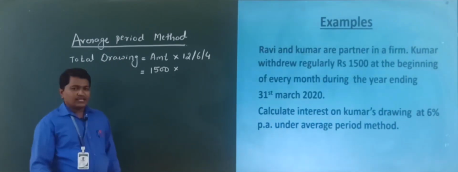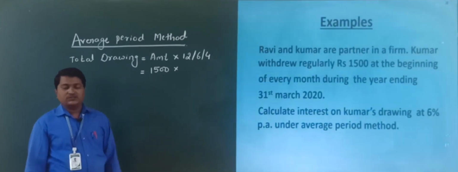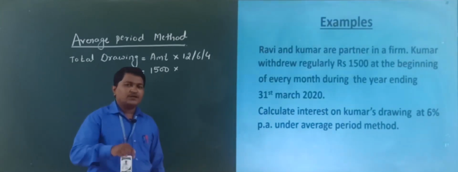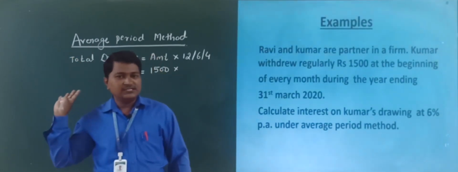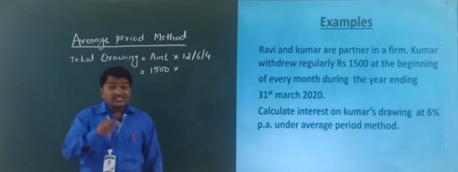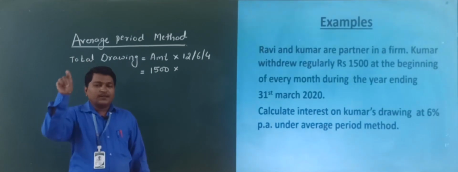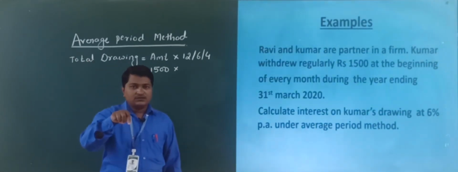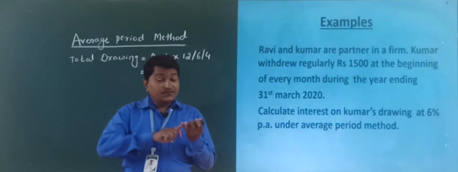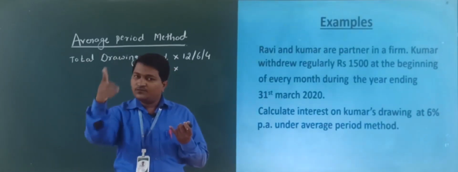So up to where they ask to calculate? 31st March. Whenever in the question paper they ask 31st March, then it is the full year itself, right? Otherwise if they give 30th September, it means half year. So please keep in your mind, if it is 31st March, full year.